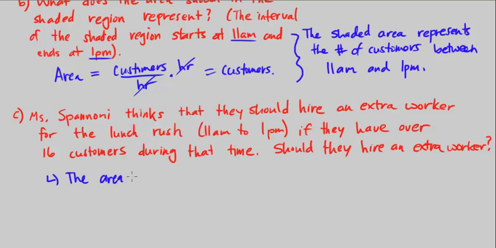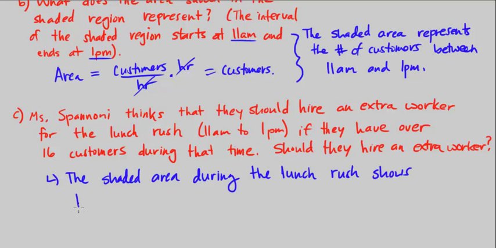The shaded area during the lunch rush, is what they call it, shows that there are over 16 customers, right?